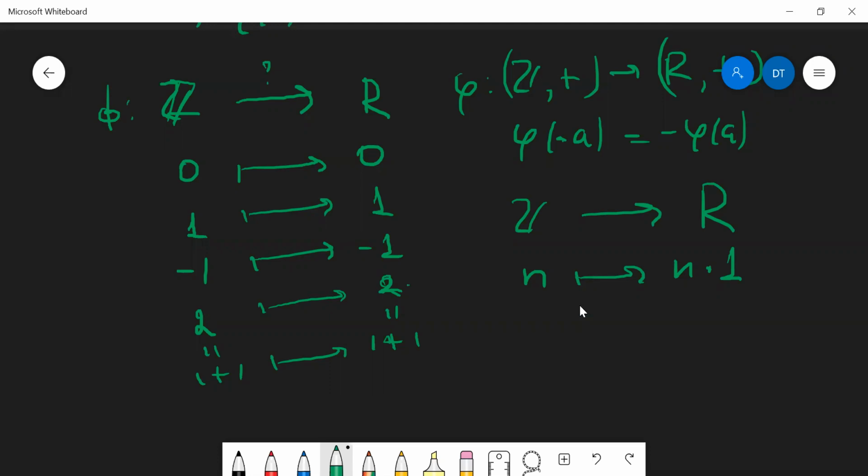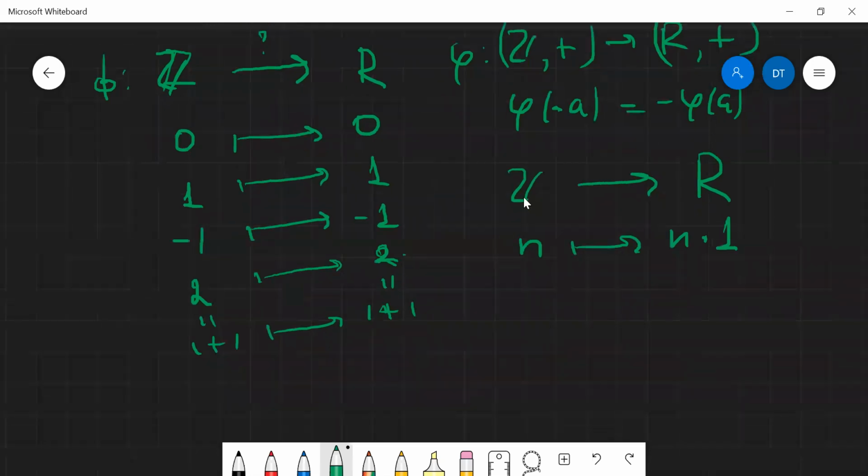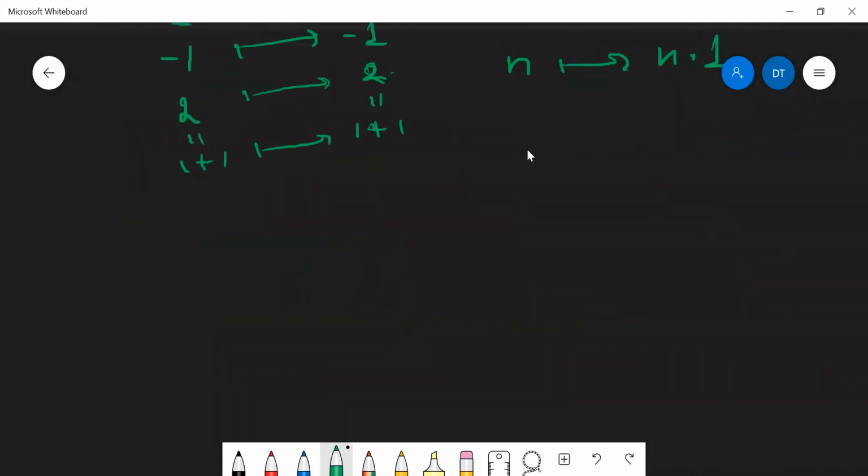Okay. So, for example, when you consider a homomorphism from Z to Z, you may consider two different types: a homomorphism of groups or a homomorphism of rings.